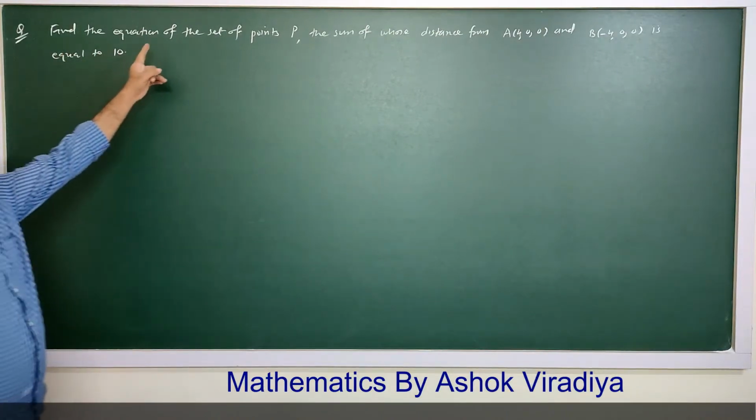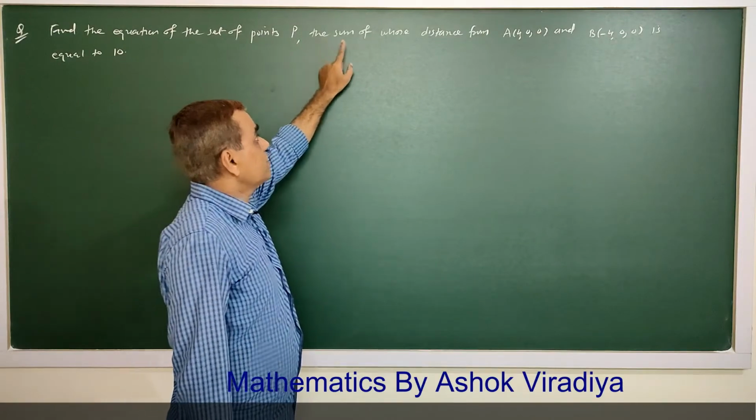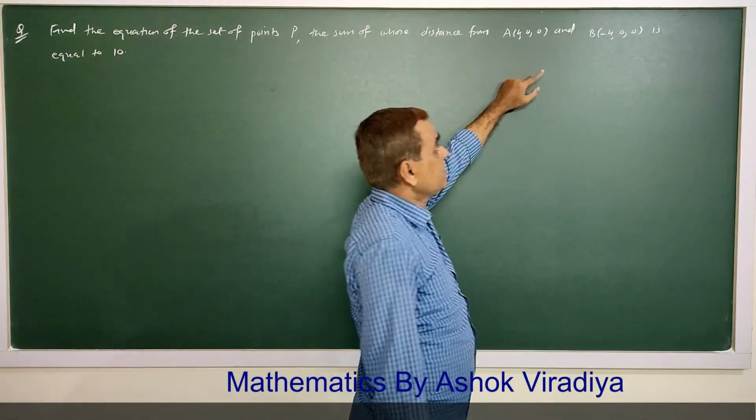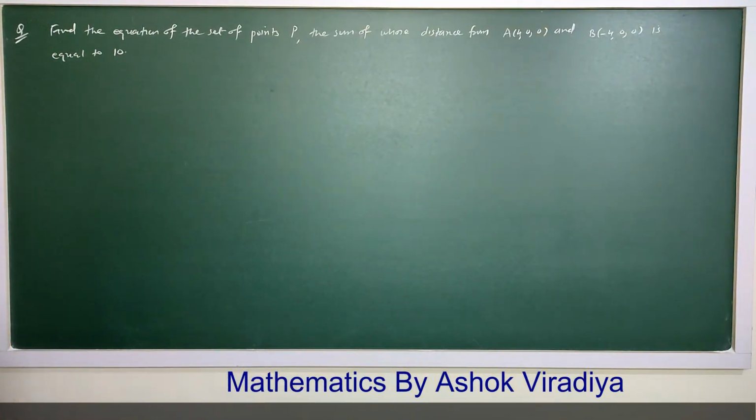Find the equation of the set of points P, the sum of whose distances from A and B is equal to 10.